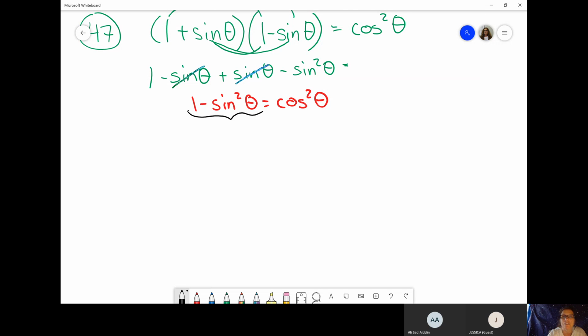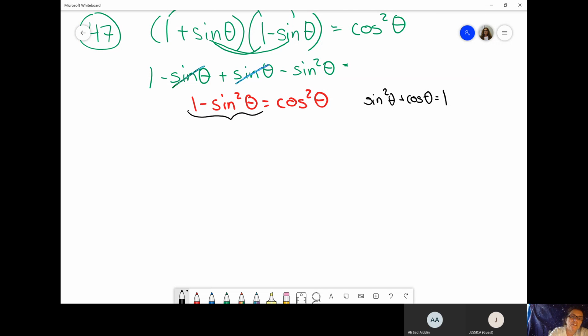Which identity are you using? The trig identities are on page 280, and one of the most famous of them all is the mother identity: sine squared theta plus cosine squared theta equals 1. That is the identity that you're using here.